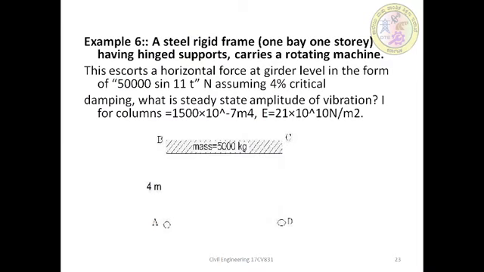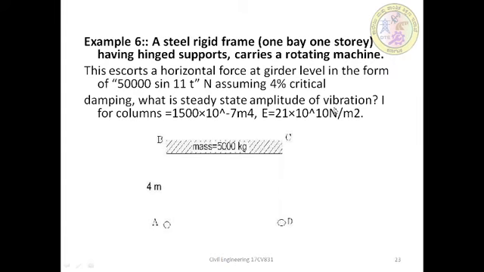Now the next one. The figure shows a steel rigid frame, one bay one story, having hinged supports and carrying a rotating machine. A horizontal force at the girder level is given by 50,000 sine 11t Newton, where 11 is omega, the exciting frequency, assuming 4% critical damping.